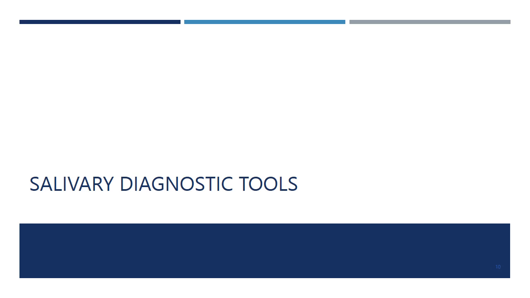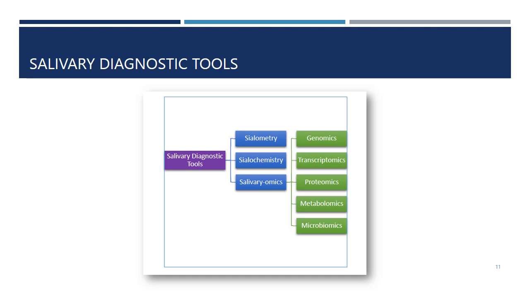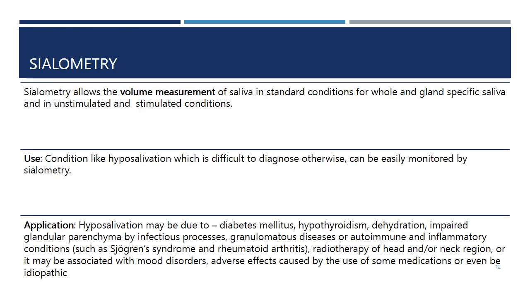Coming to salivary diagnostic tools. Salivary diagnostic tools comprise sialometry, sialochemistry, and various subparts of the salivary omic technologies, that is genomics, transcriptomics, proteomics, metabolomics, and microbiomics. Sialometry allows the volume measurement of saliva in standard conditions for whole and gland-specific saliva in stimulated and unstimulated conditions.